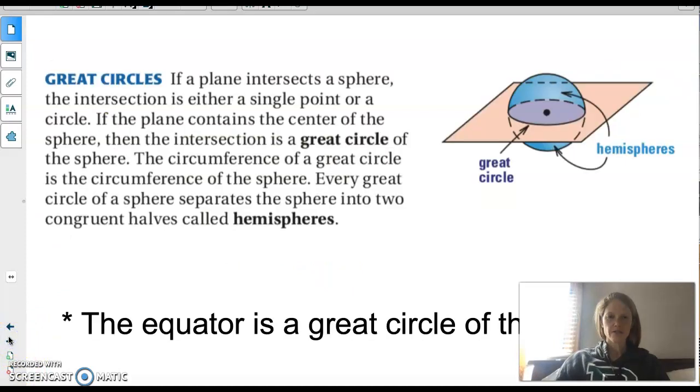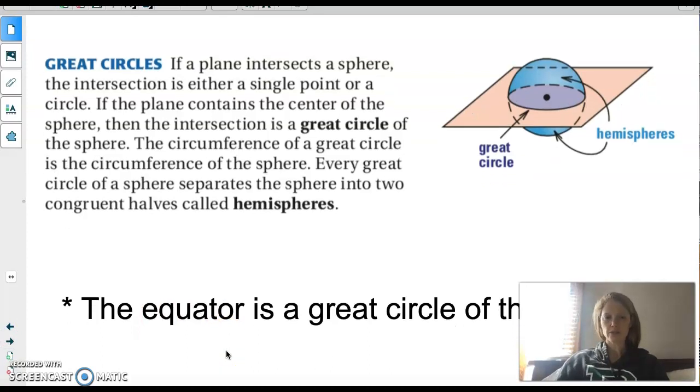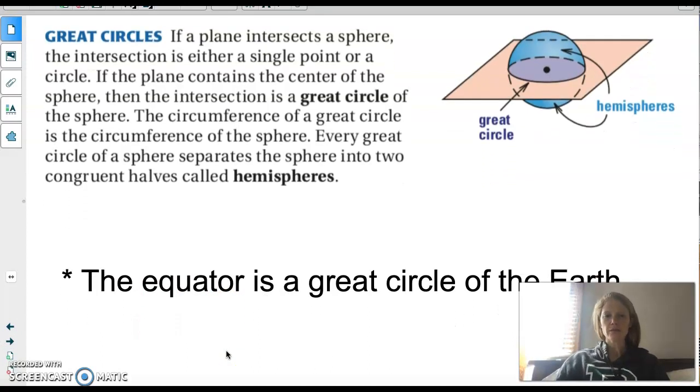Now, great circles. This is something that's very specific to spheres. It doesn't have anything to do with circles. If we think about a plane intersecting a sphere, it could cut it in lots of different ways. But there's one particular type of intersection of a plane and a sphere that's called a great circle.